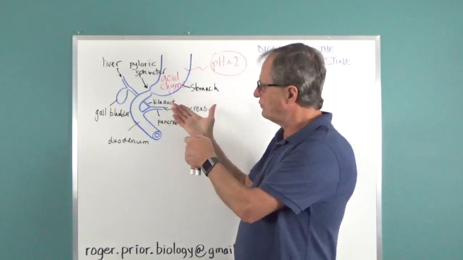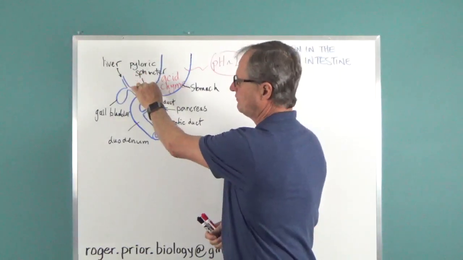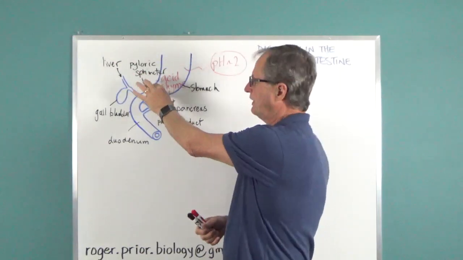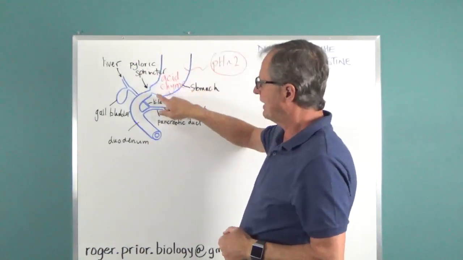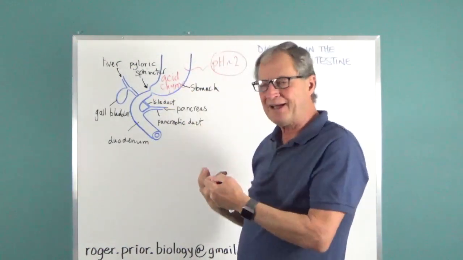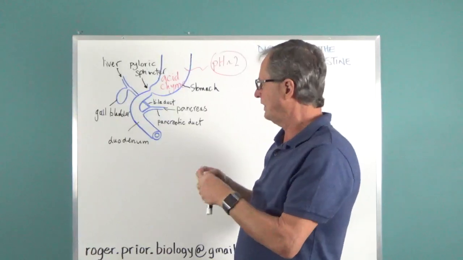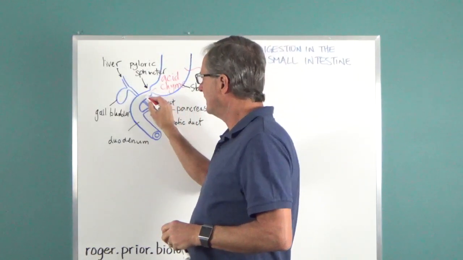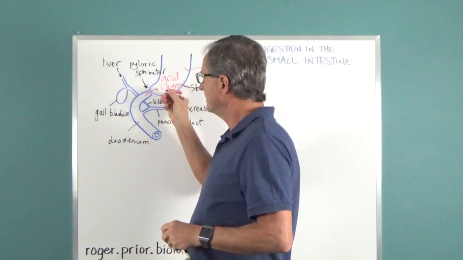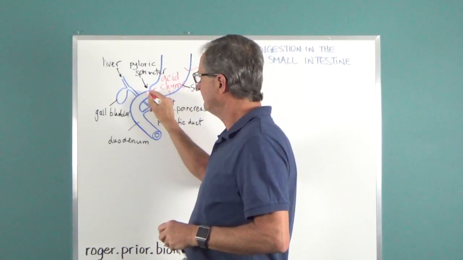The acid chyme is retained in the stomach by the pyloric sphincter, a muscle constriction right here. The stomach churns it around, and as it liquefies it more, the pyloric sphincter can relax and let small volumes of it into the duodenum.